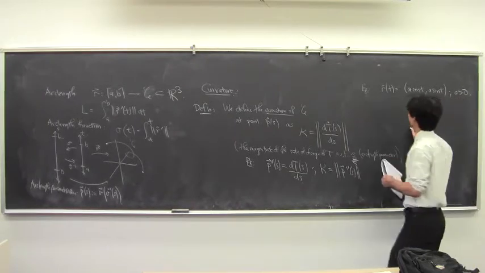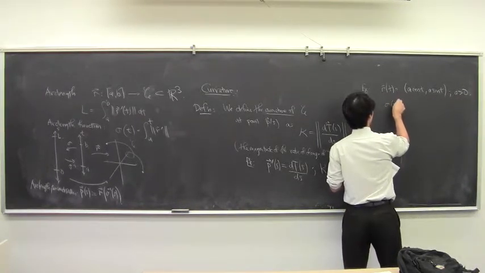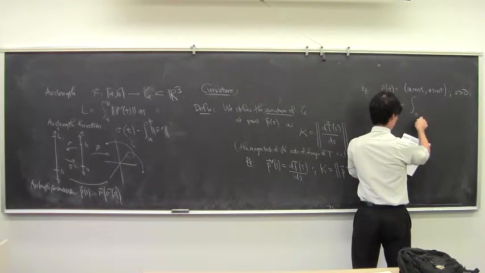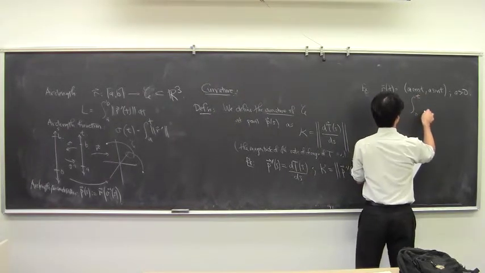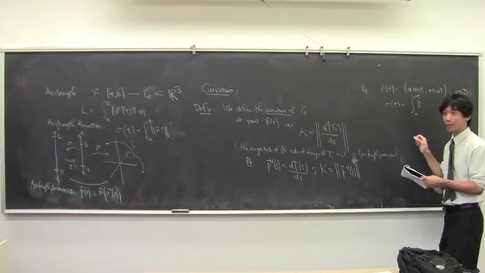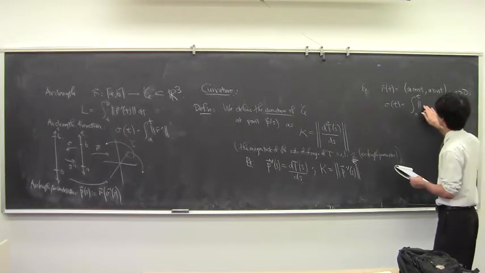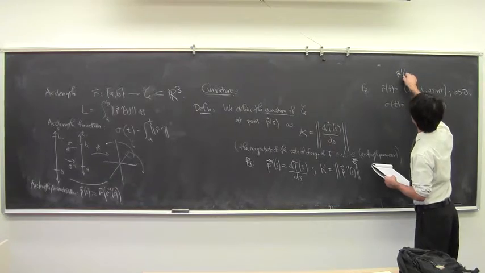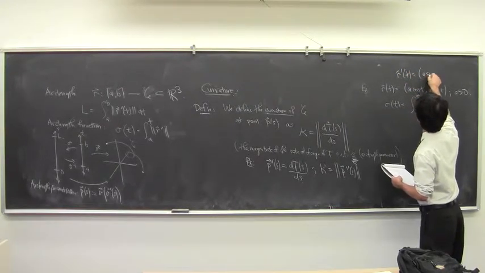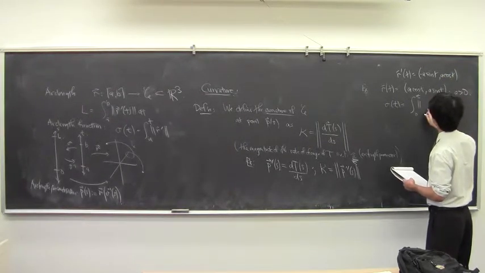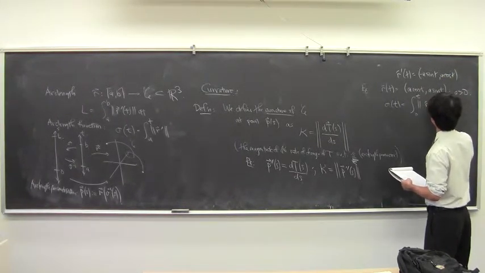Find the arc length function. So the arc length function is going to be the integral from 0 to t of the speed of this guy. We take r prime, which is negative a sine t, a cosine t, and we're going to take the magnitude of that.